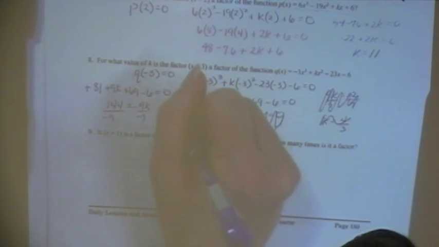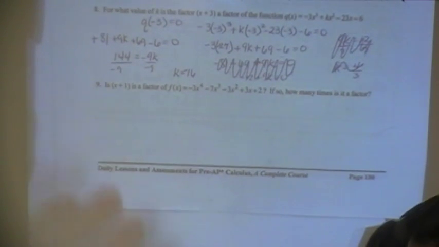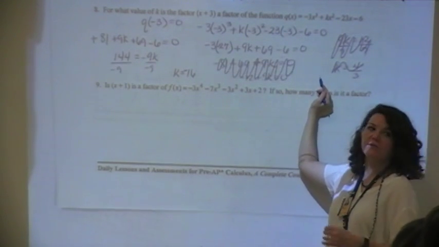Well, it's still a fraction, isn't it? Or no? 144. Oh, it's not. Negative 16. Sorry, negative 16? Okay. First question. I got negative because I had to move my 9k to the other side, so it became negative.